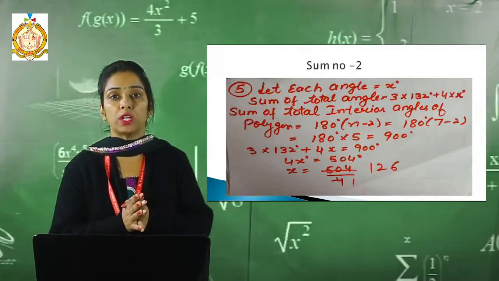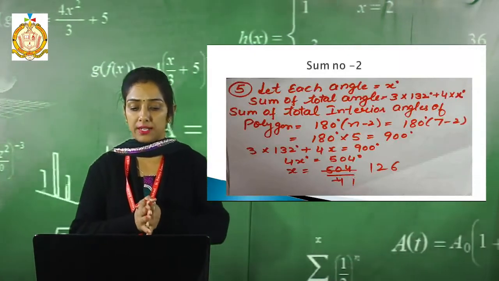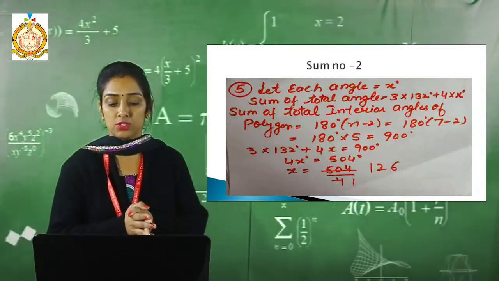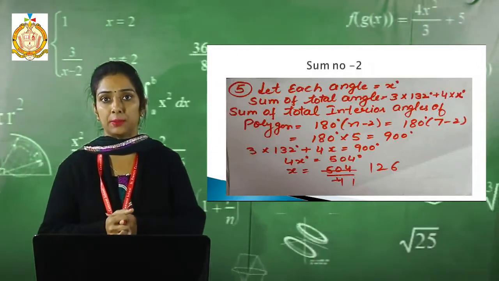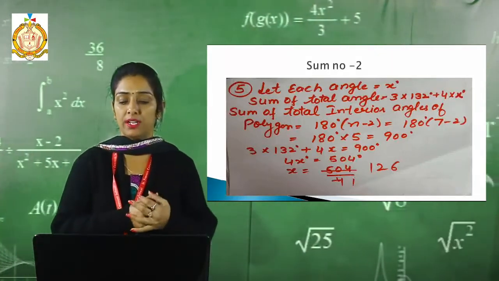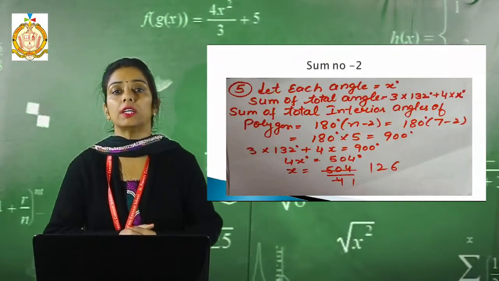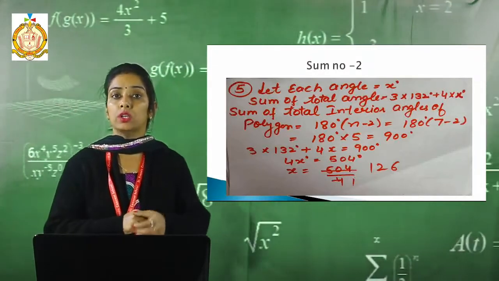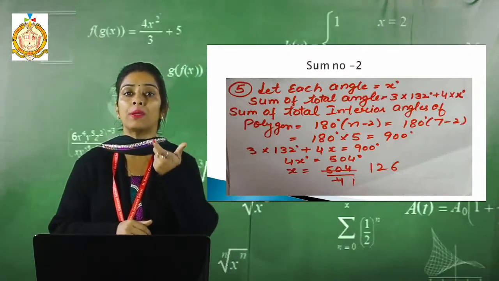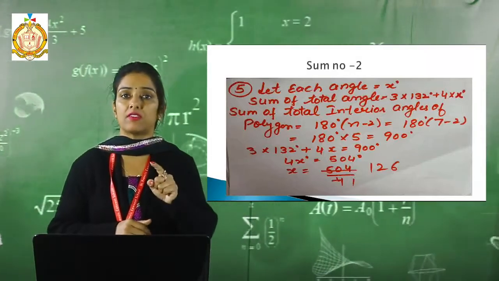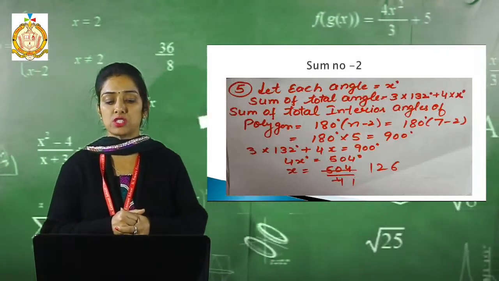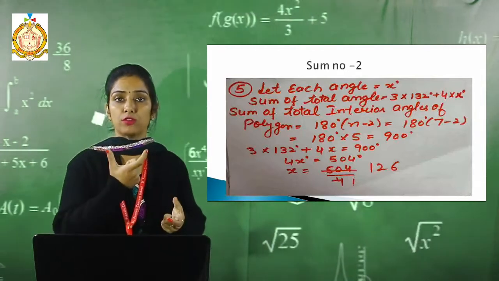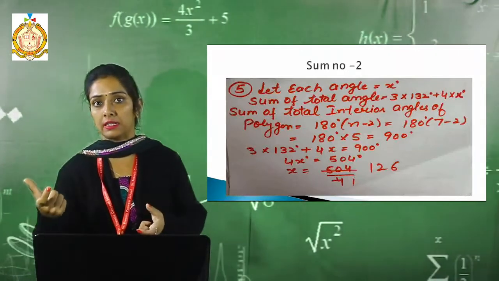Now the sum of total interior angles is 180 into (2n minus 4) into 90. Now we take 2 as common, and what we get? We get 180 into (n minus 2). Now n is the number of sides given, that is 7. So 180 into (7 minus 2), which is 900. So the sum of total angles is equal to 900.